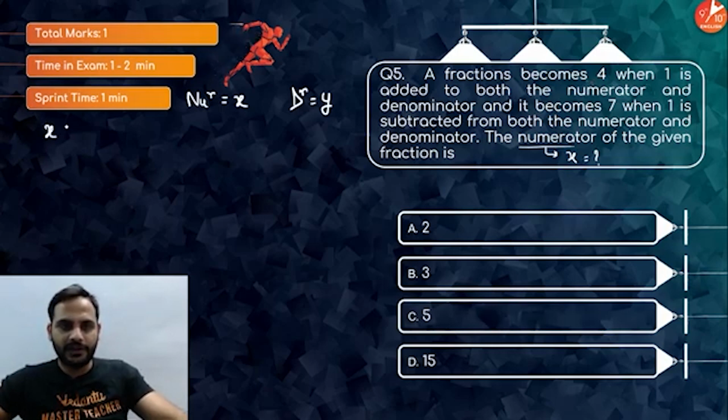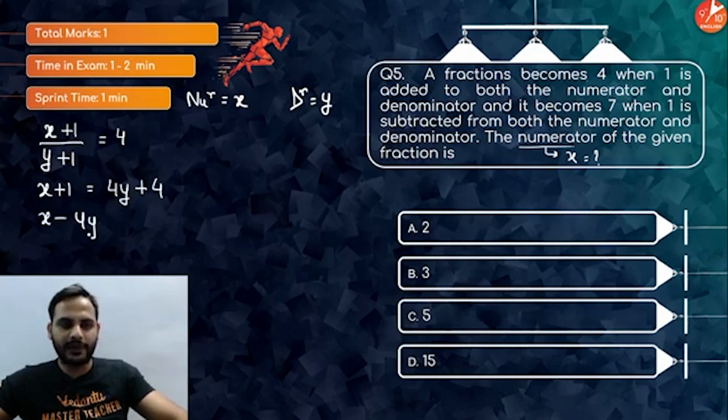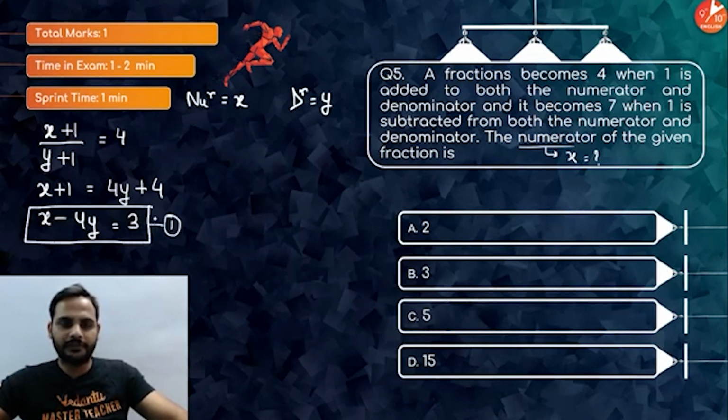So in the numerator, if I add 1 and in the denominator also if I add 1, fraction becomes equal to 4. Cross multiply, we'll be getting x plus 1 is equal to 4 into y is 4y plus 4 into 1 is 4. Shift 4y over there, 1 over there, you'll get x minus 4y is equal to 4 minus 1 is equal to 3. Equation number 1.